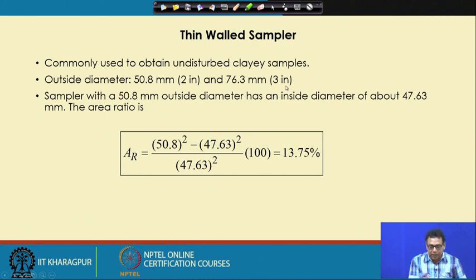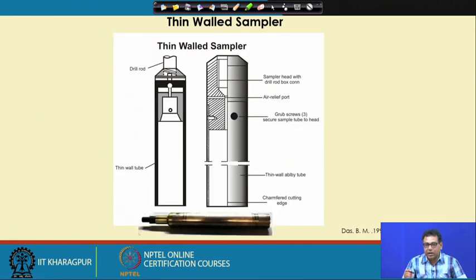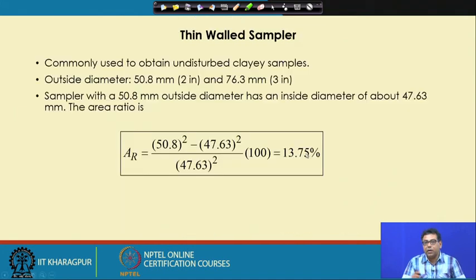The sampler with 50.8 millimeter outside diameter has an inside diameter of about 47.63 millimeter. So, the area ratio is 13.75%, which is close to 10%. So, we can get an undisturbed soil sample if we use the thin wall sampler to collect the soil.